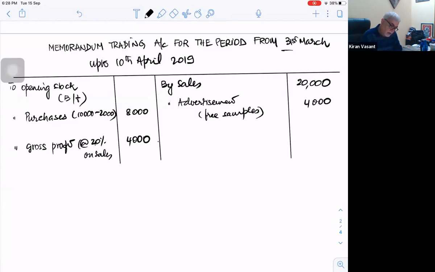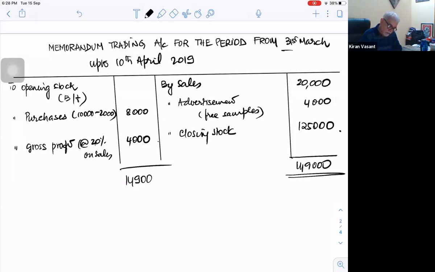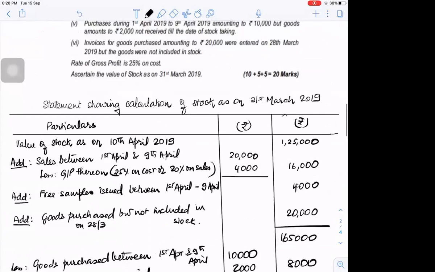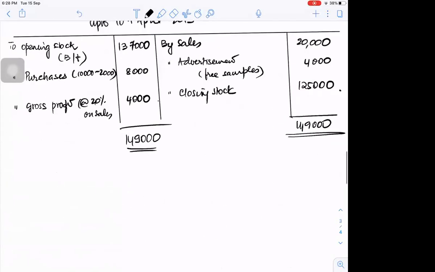Now, closing stock is given, 1,25,000. Sorry, 8,000 is missing.